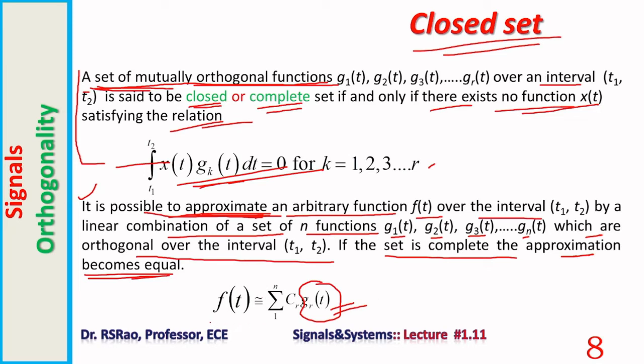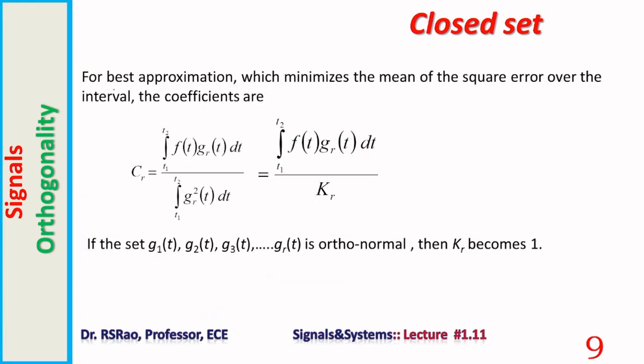Looking at this mathematical relation, one can recollect the Fourier series expansion. It has come from this particular relation. For best approximation, which minimizes the mean square error over the interval, the coefficients are cr.